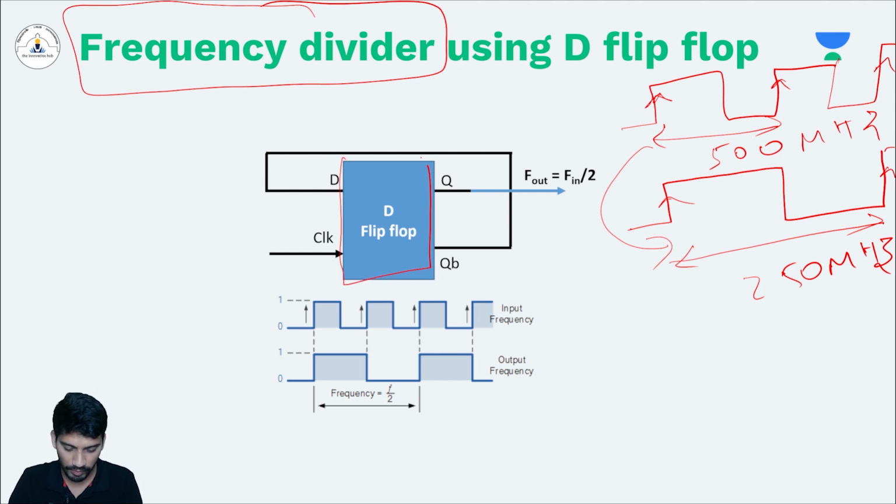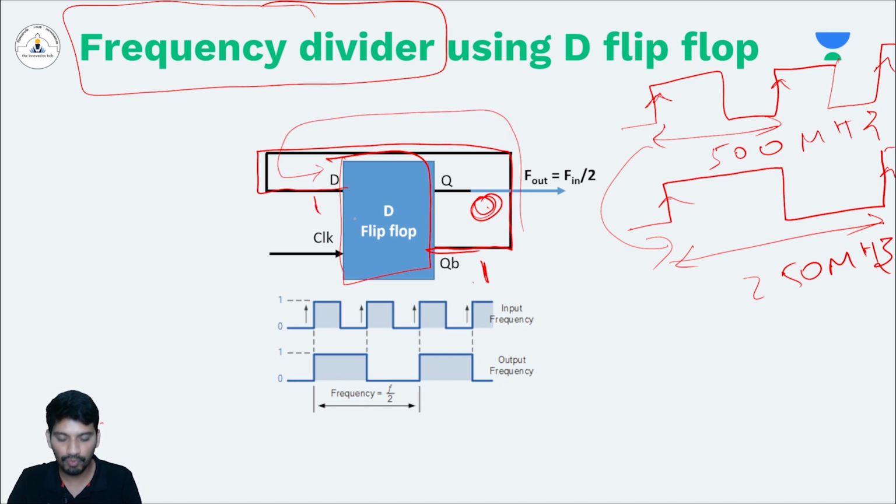Connect the D flip flop in this fashion. Give the D input through the QB output. Let's see what will happen. Initially, let's assume Q is 0. If Q is 0, then QB will be 1, right? So 1 will appear here and it won't change until I apply the clock. So when the clock is applied, the 1 will go to Q, right?